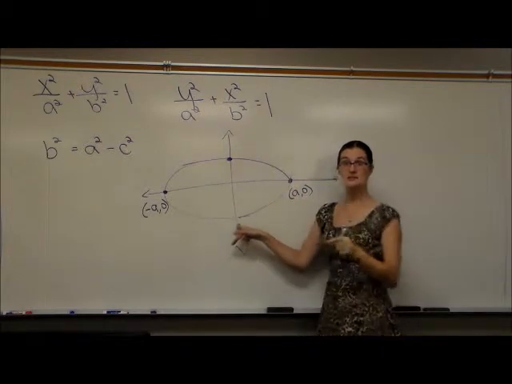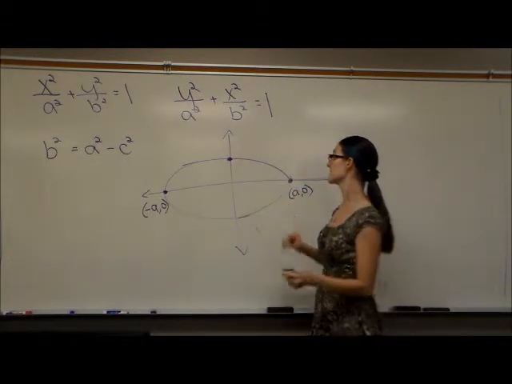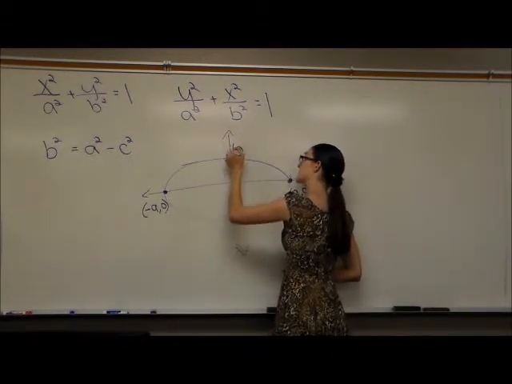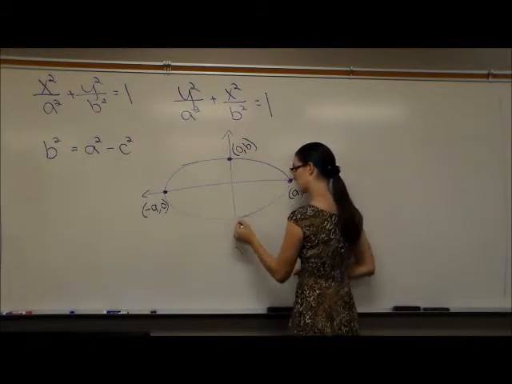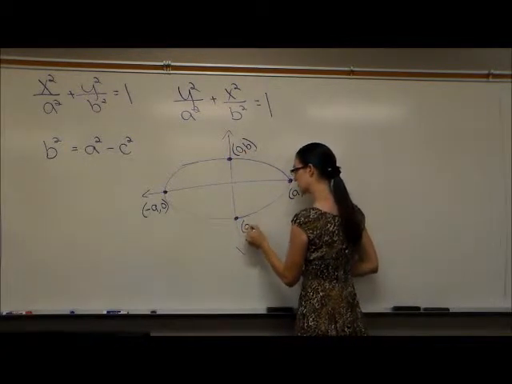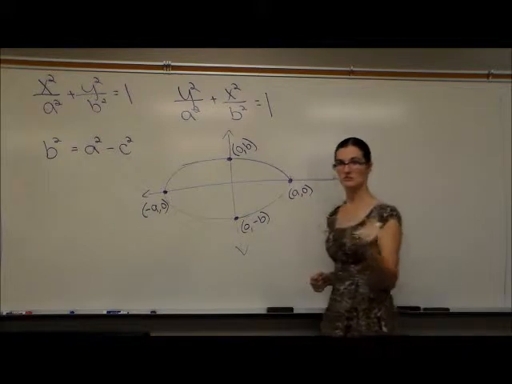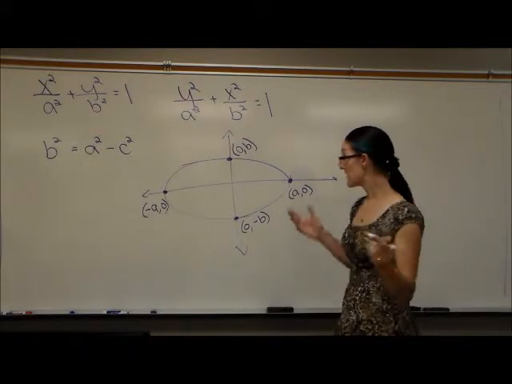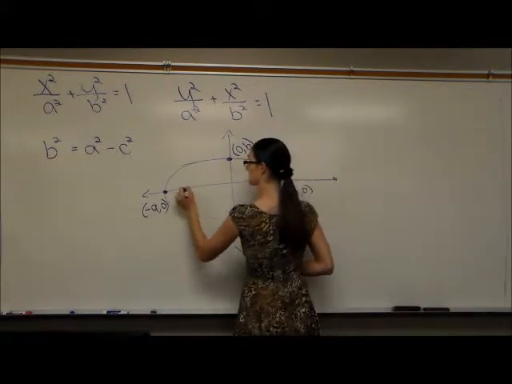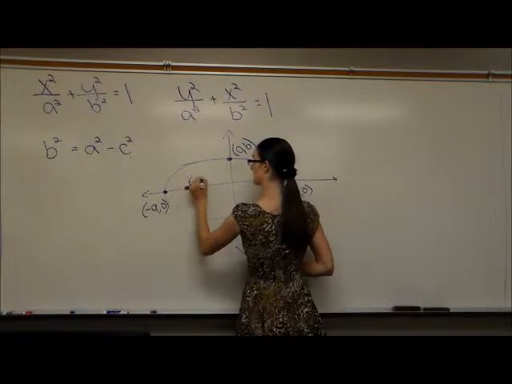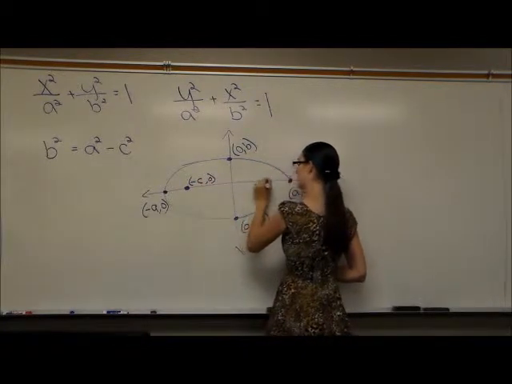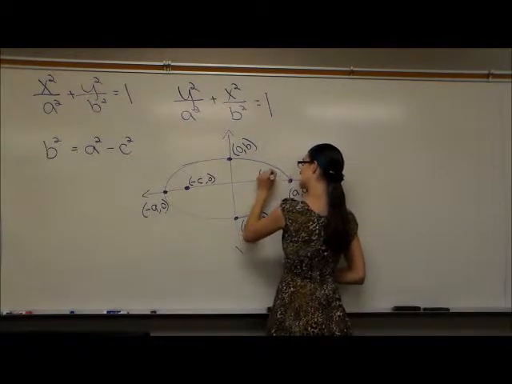They give us the ends of the minor axis. That's going to be on the ellipse at the top and bottom. It's 0 comma b and 0 comma negative b for your minor axis. They give us the foci, negative c, 0 and c, 0.